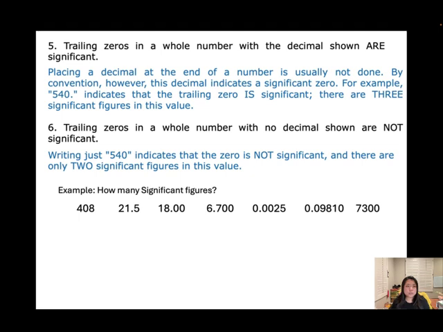Okay, check your work. The first one, 408. Since the zero is in between two numbers, we have three significant figures. Second one, 21.5. All numbers are non-zero, so we have three significant figures.